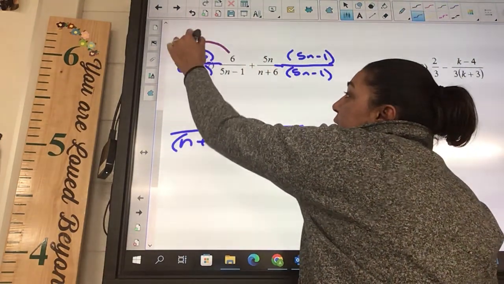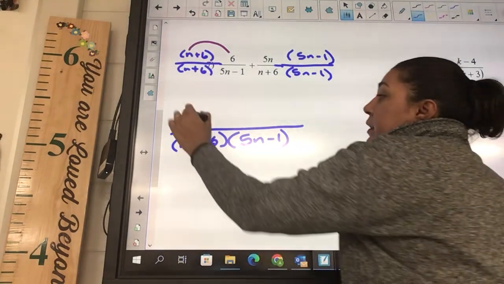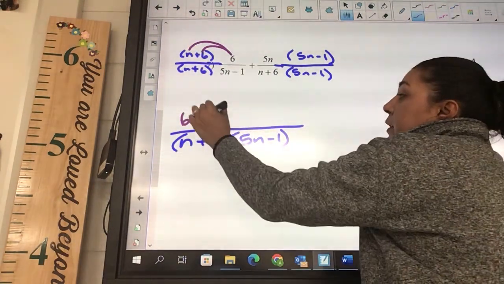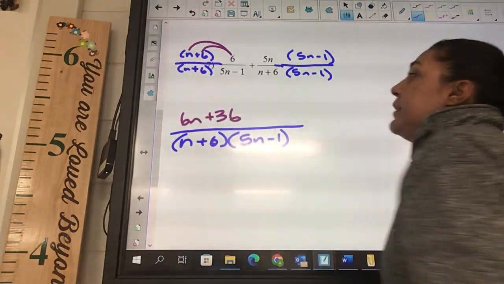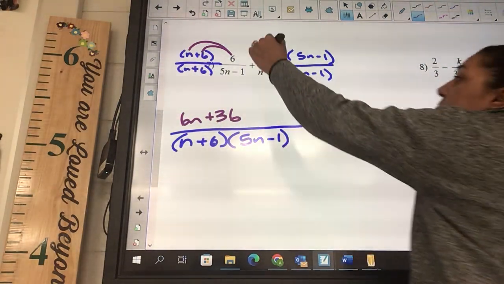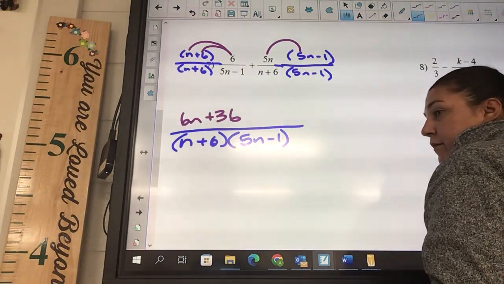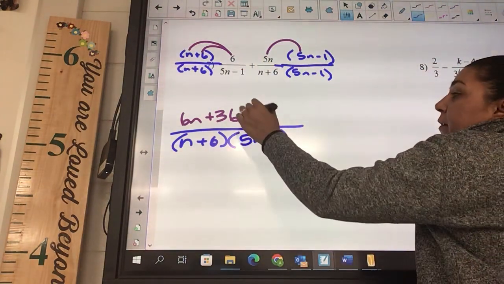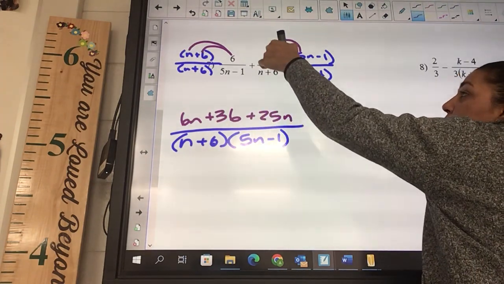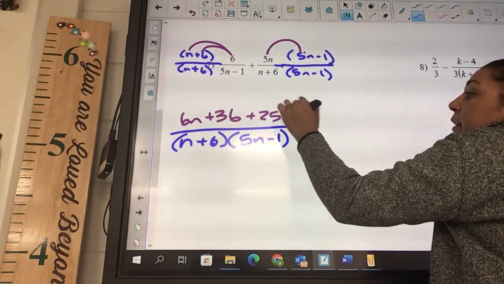So 6 times n, 6n, good. 6 times 6, plus 36. Okay, is this an addition or subtraction problem? Addition. So we're going to say 5n times 5n, 25n squared. Why squared? Yeah, so here's one n and here's another n, so we're going to add them together.